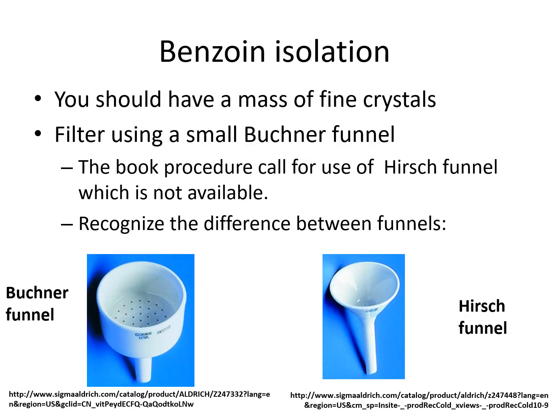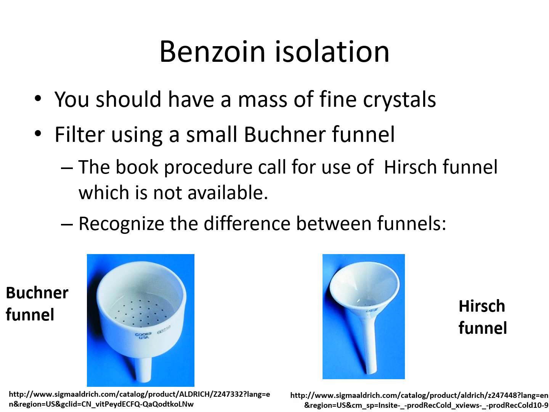The product should be isolated, and to do that we will be using a funnel. The textbook recommends that we use a Hirsch funnel, because the Hirsch funnel is like a Buchner funnel, but with the shape of a normal separatory funnel. With the normal funnel that we use, they are the same.